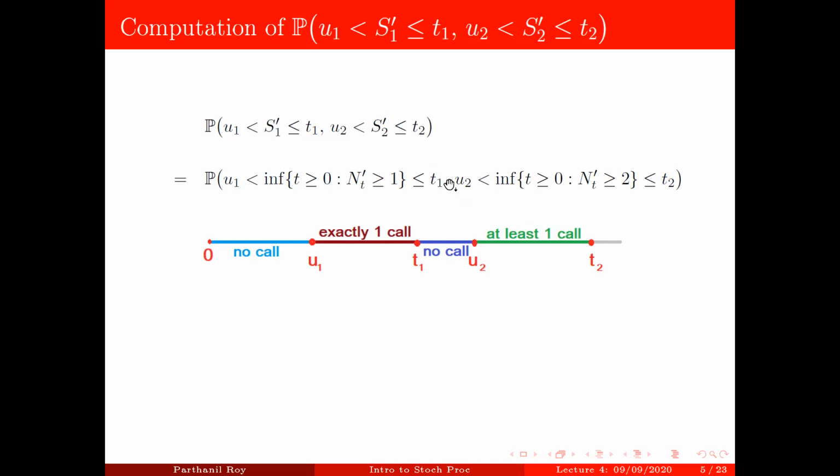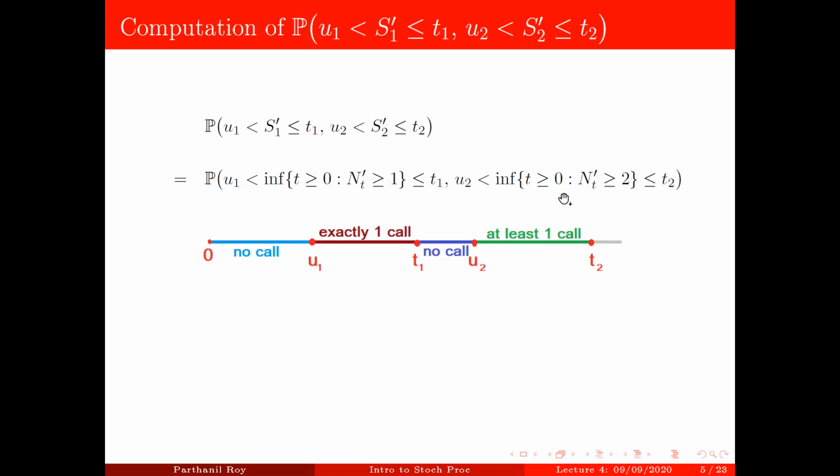But in order to honor this inequality here, that the second N'(t) becomes 2 or more strictly after time u2, definitely there cannot be any more call other than one call. So it has to be exactly one call. On the other hand, for the same reason, we cannot have any call in this interval, because the first time it becomes 2 or more is after u2. So in this interval, there cannot be any call at all.